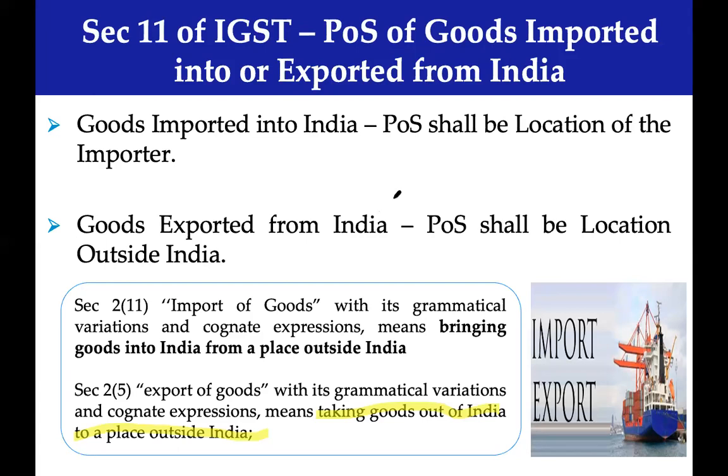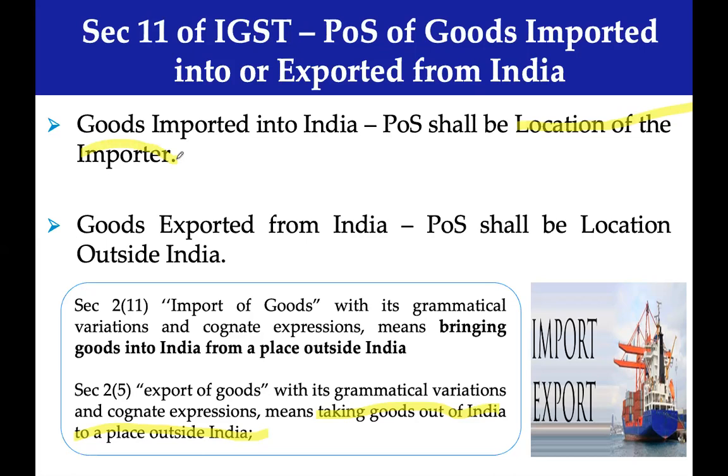In case of section 11 of the IGST Act, more specifically, place of supply of imported goods into India will be based on the location of import. Again, this is for some other purposes.